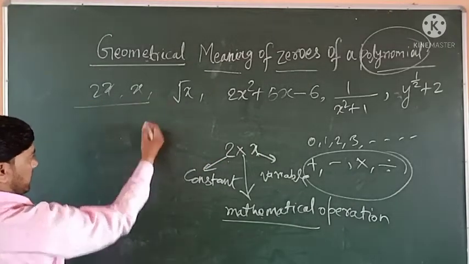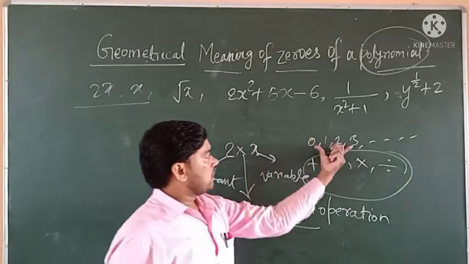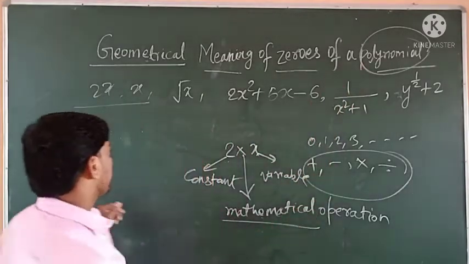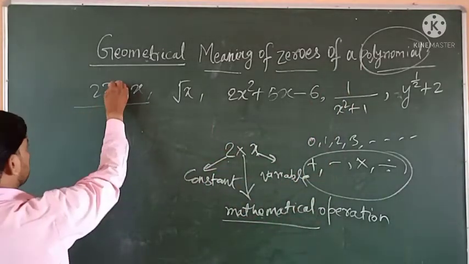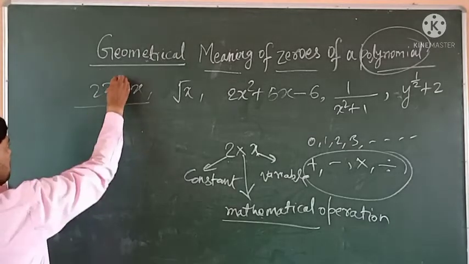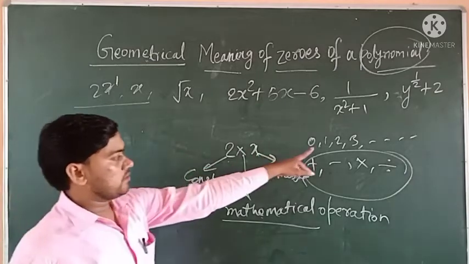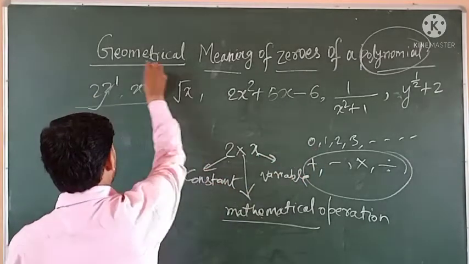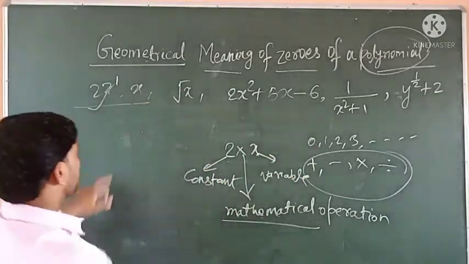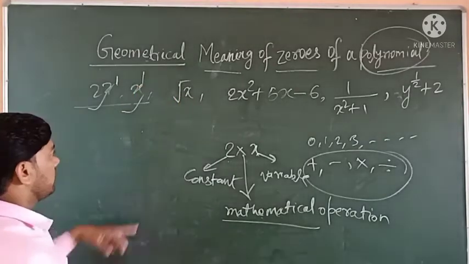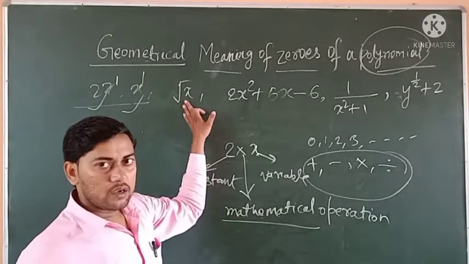An algebraic expression in which the power of the variable is a whole number is called a polynomial. See, the power of x is 1, and 1 is a whole number, so 2x is a polynomial.